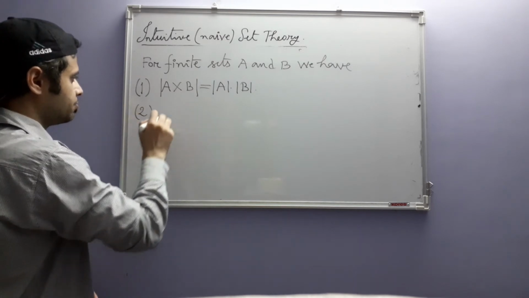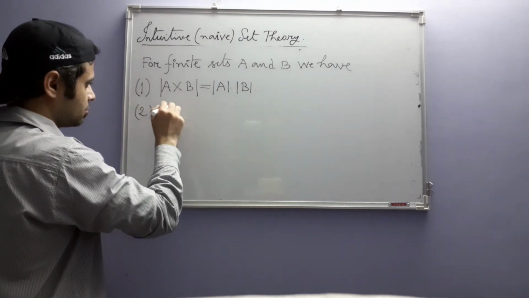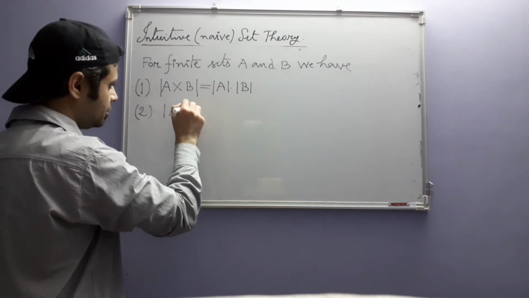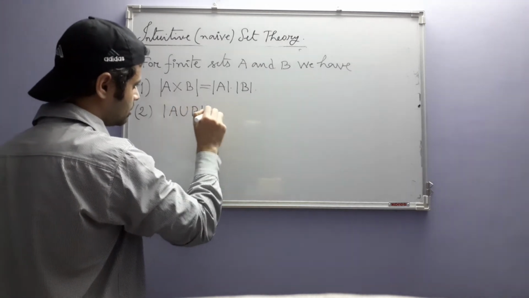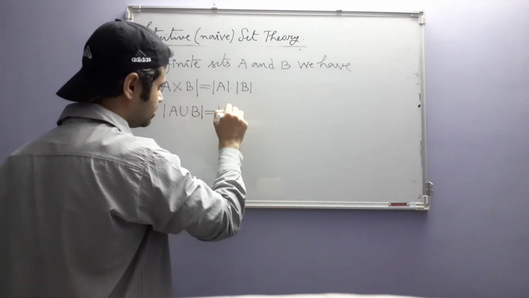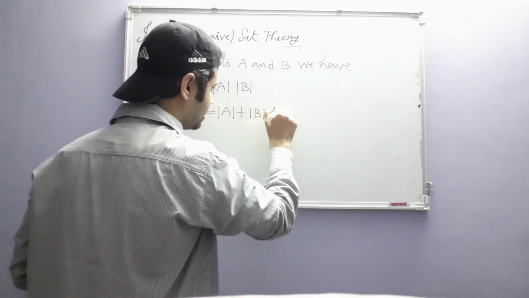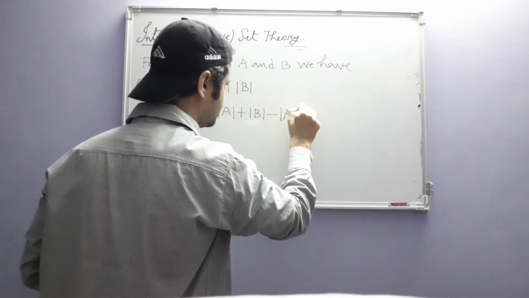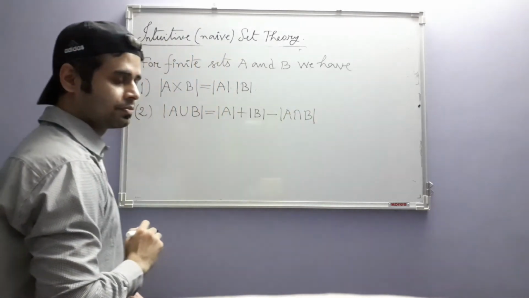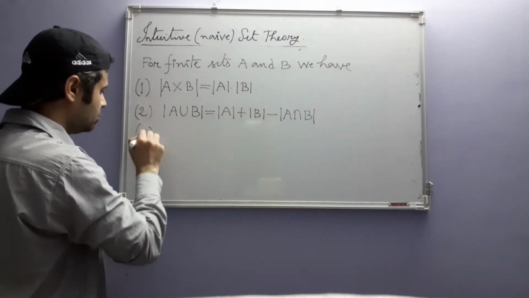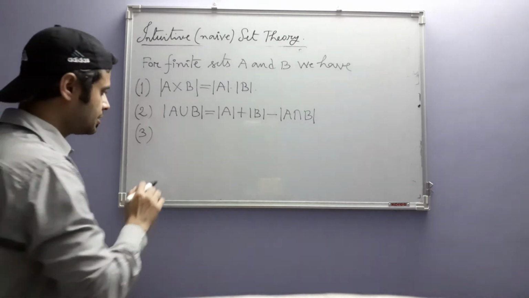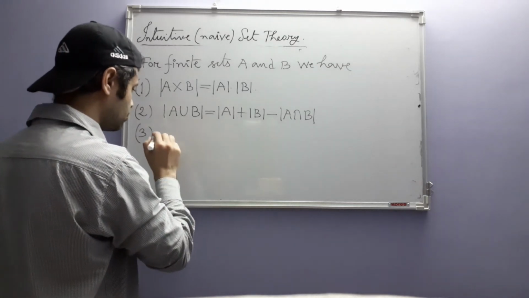Number two, cardinality of A union B is equal to cardinality of A plus cardinality of B minus cardinality of A intersection B. And number three, this one we have already seen, but we haven't proved it.